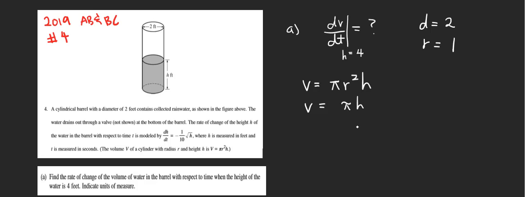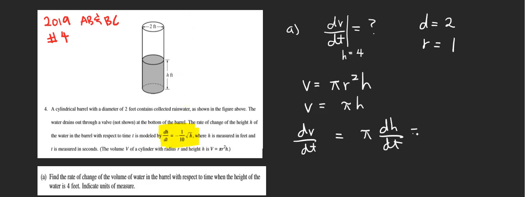Now, what is dV over dt? Pi is a constant, so that's pi times dh over dt. And what is dh over dt? Well, they give it to us in the problem right here.